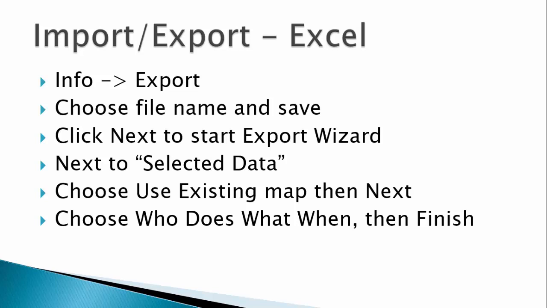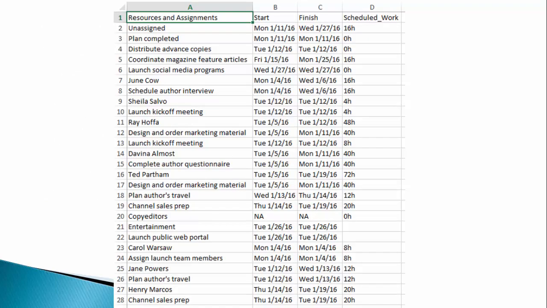If you had clicked Next, you could alter the data selected. Clicking Finish generates the file and saves it. This is the Excel file obtained by following the steps, showing the resources and the assigned tasks.